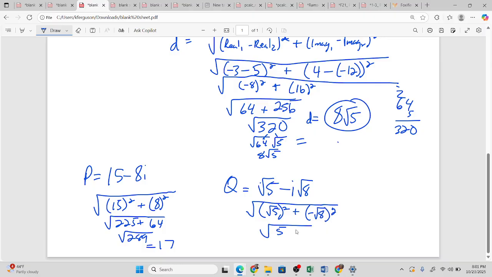So that's just going to be 5 plus 8 because the square root and the square cancel each other out, right? Negative square root of 8 times negative square root of 8 is positive 8. So then I just have the square root of 13, and that's my answer, because that doesn't have a perfect square I can reduce. So bada boom, bada bing. So that's number 1 and 2.